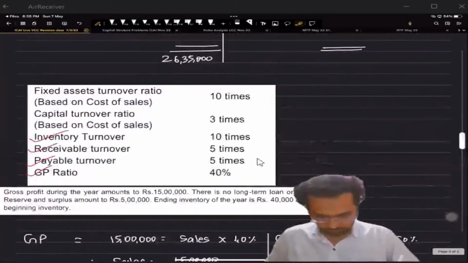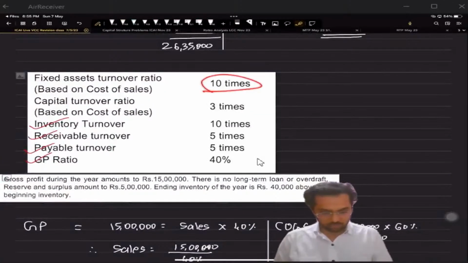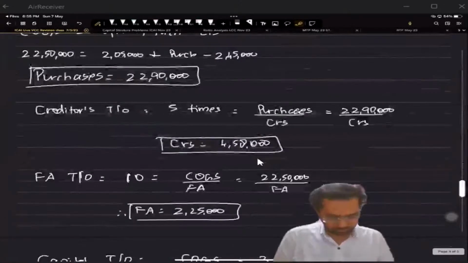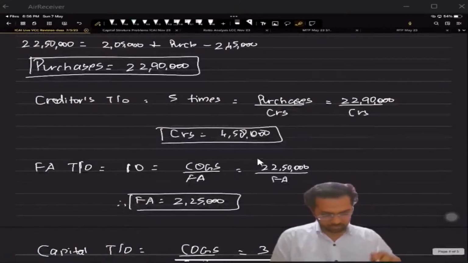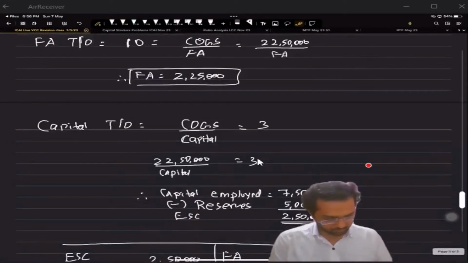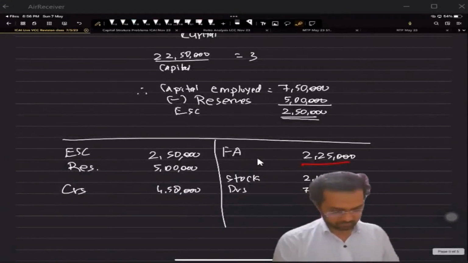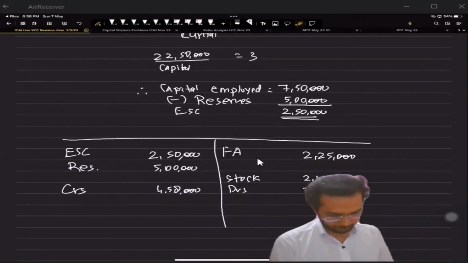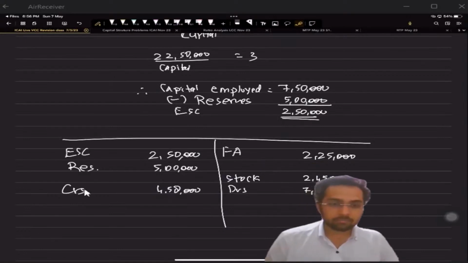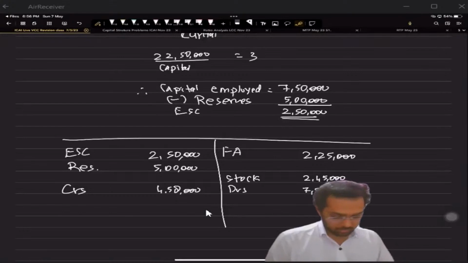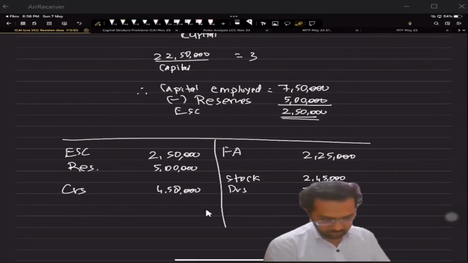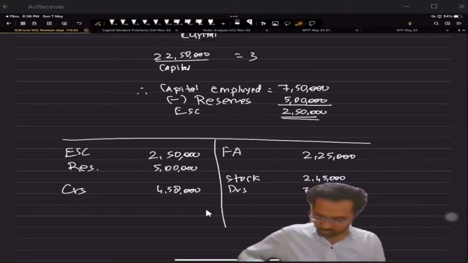Second, the fixed asset turnover is 10 times based on COGS. So we get fixed assets of 2 lakh 25. Is it tallying? No, there is some problem. If you just try to tally it, it's not tallying, right?